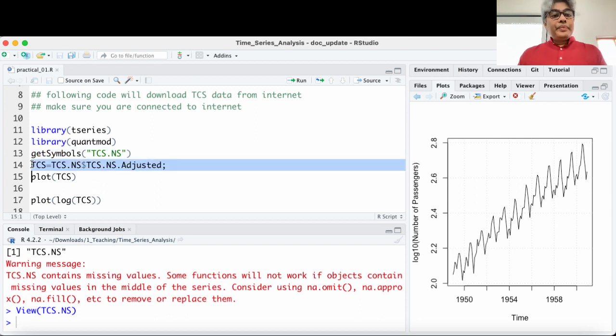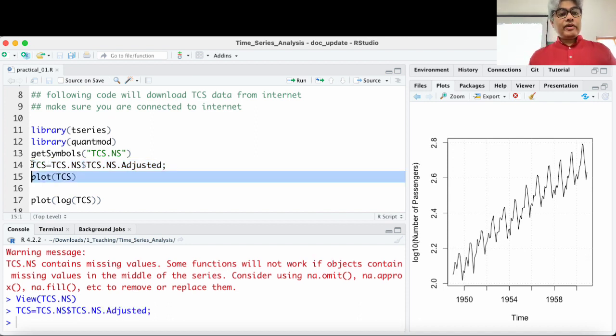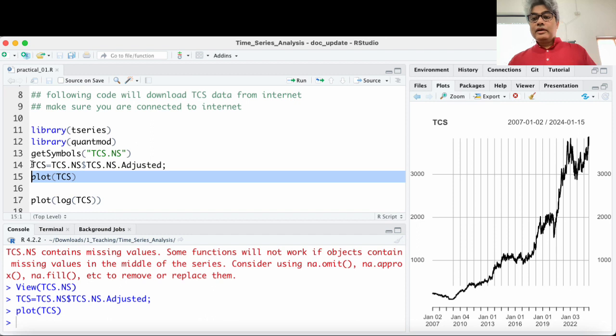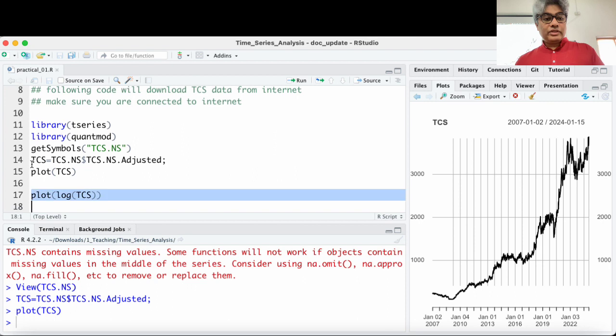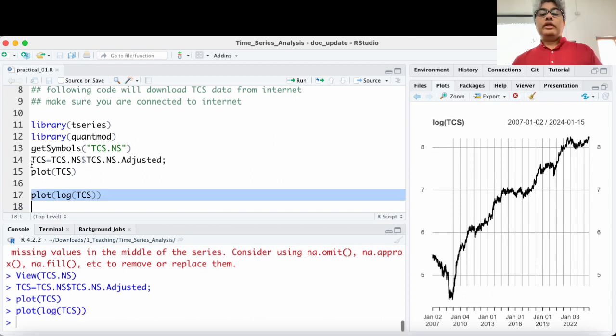Now I'm just taking the adjusted close price in this case, and if I plot TCS, this is how the adjusted close price looks. And again, if you plot the log of TCS, it will give you the log of the adjusted close price.